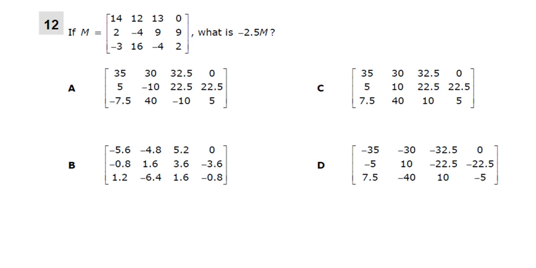12, if M equals this 4x3 matrix here, what is negative 2.5 M? Now fortunately, this one is much more intuitive than that first one we did, problem 1. Just looking at it, you're going to have every sign changed as you multiply across.